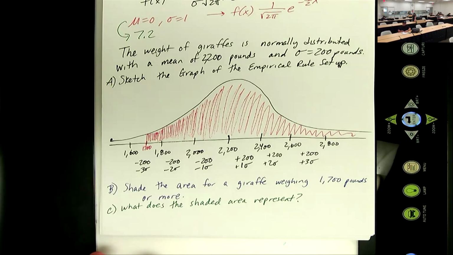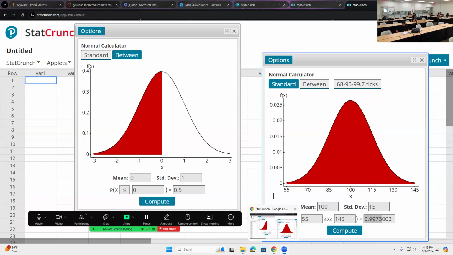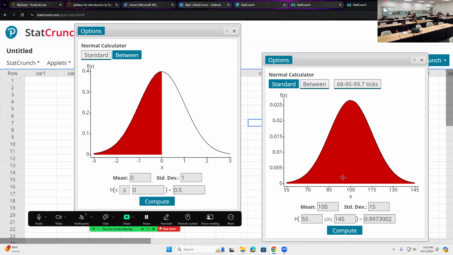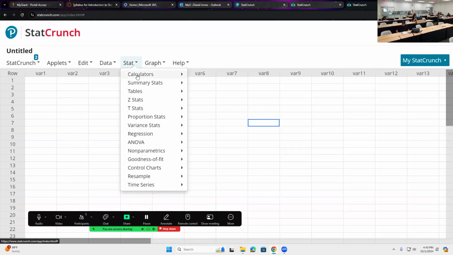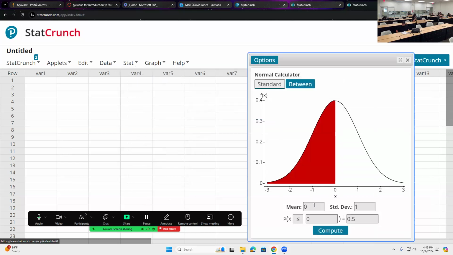Maybe we should go get a percentage real quick first before we continue with that idea. So I'm gonna bounce over to over here. Stats calculator, normal.